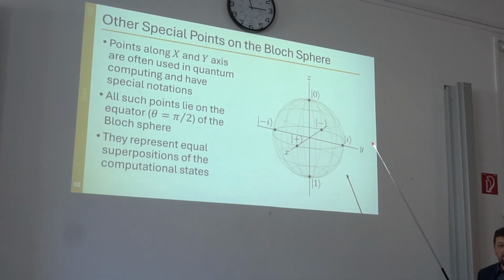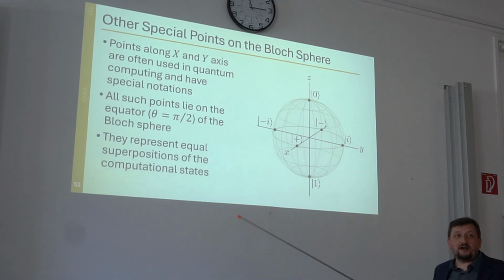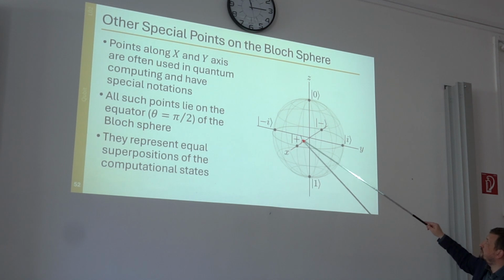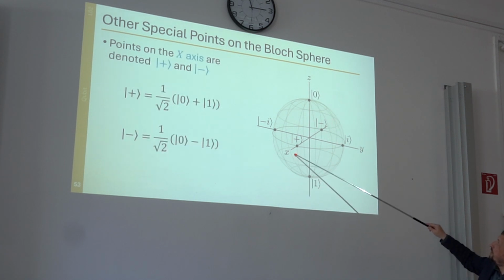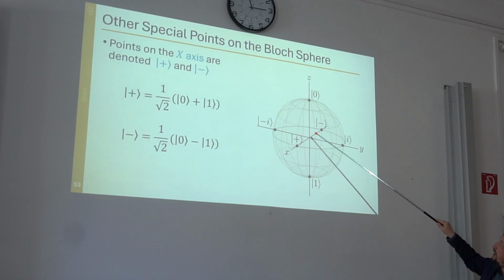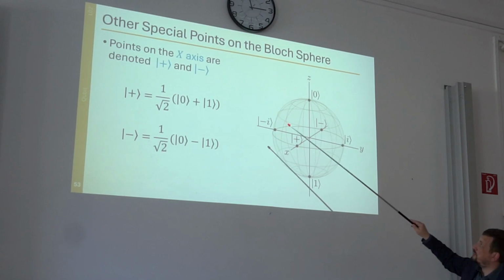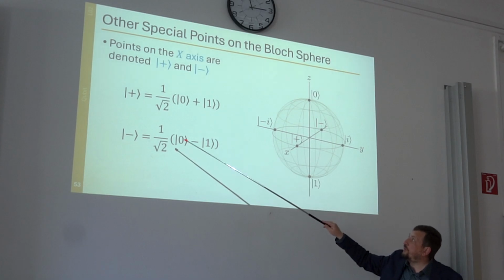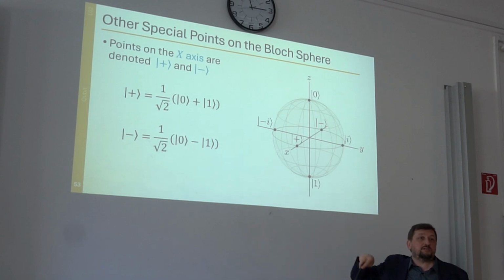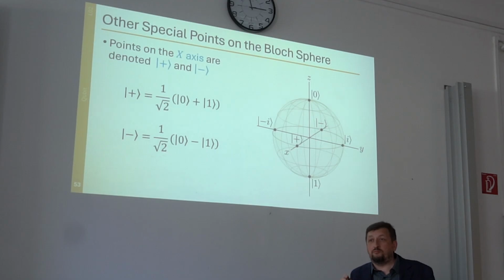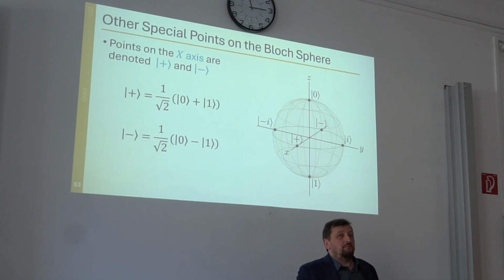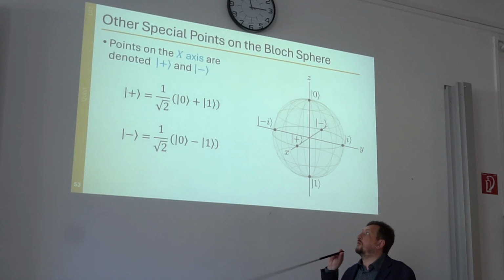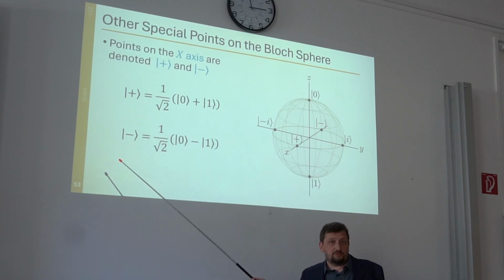When we are talking about a three-dimensional coordinate system, we have three axes, x, y, z. So we can also consider as special points those that lie on the x-axis. This is a point that lies on the positive or negative x-axis. These states are often denoted as plus and minus. And these are states that are used very often in quantum computing, because many quantum programs start with creating states like plus or minus.